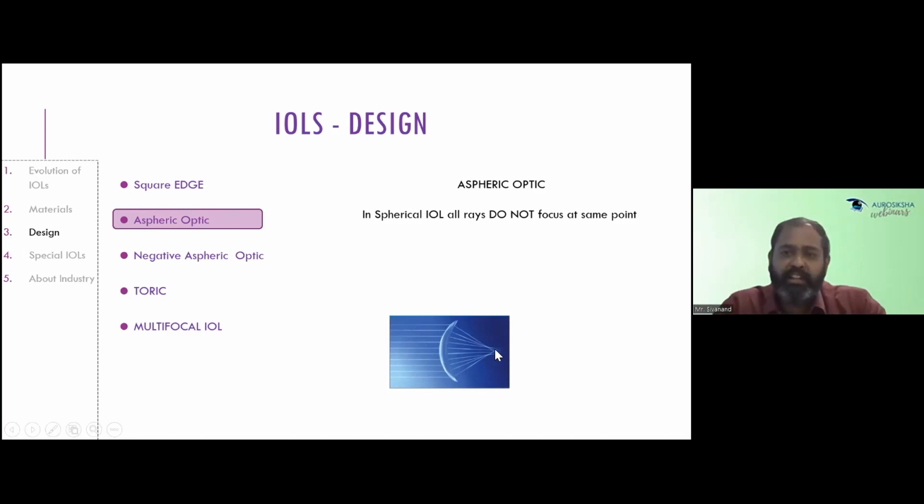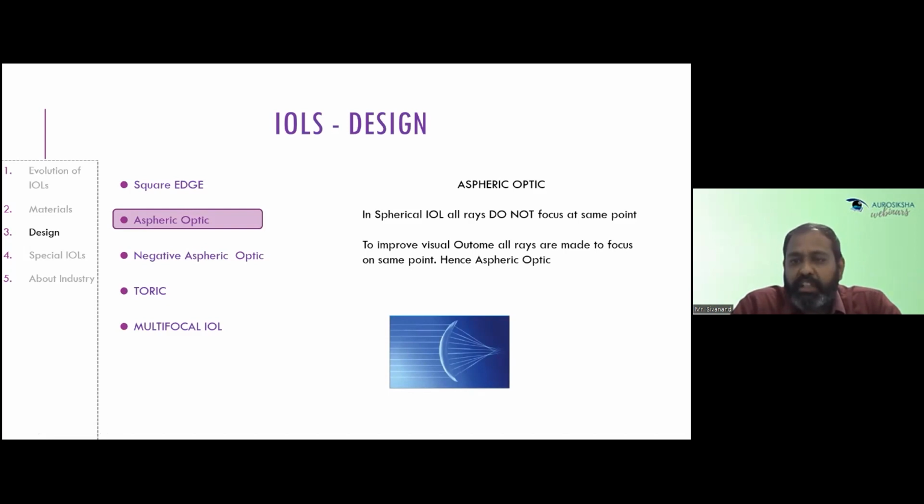Usually when we see through a lens, we see the magnification, we think that all the lenses are focusing at one point, but it is not so. The rays from the corner of these lenses and the rays from the center of the lenses don't meet at the same place. So some of the clarity is lost in the spherical optic.